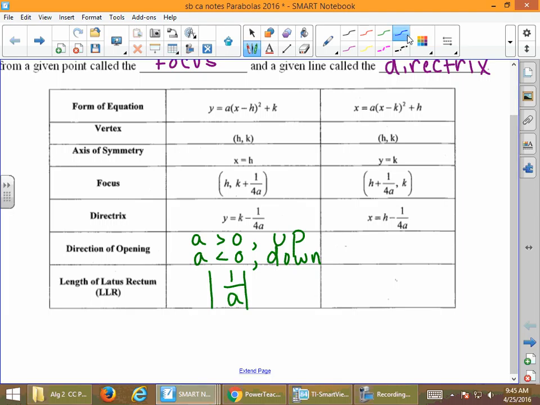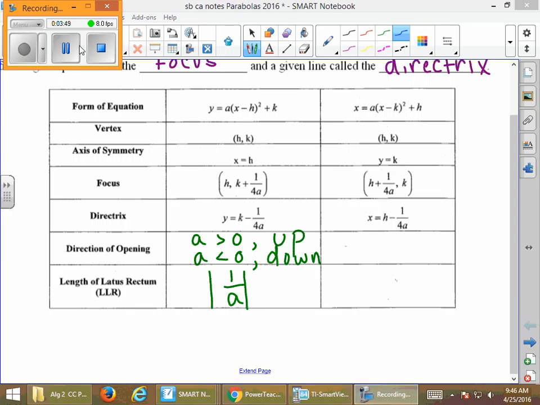So the difference here today is that we're also going to look at x equals. If we look at the other column here, it's x equals, but it looks remarkably similar.